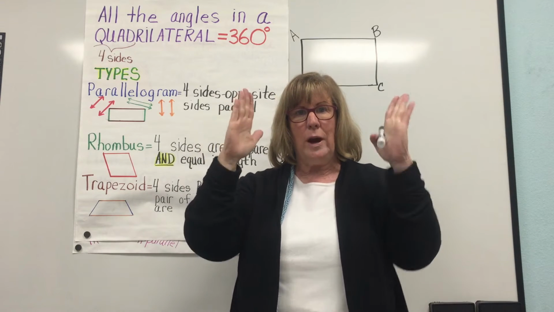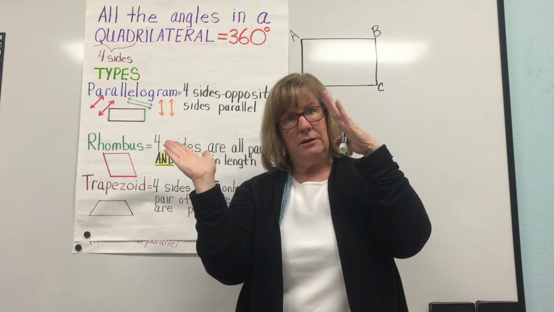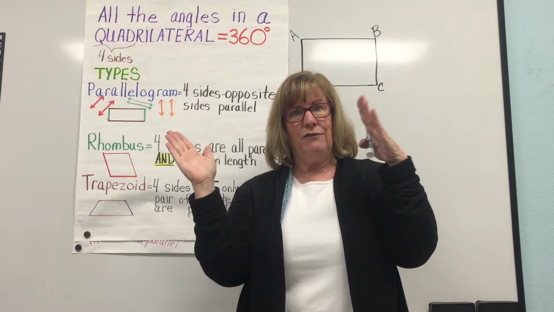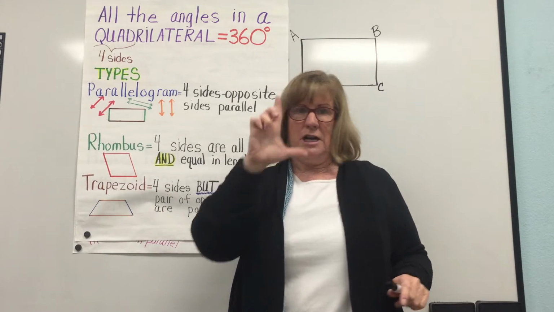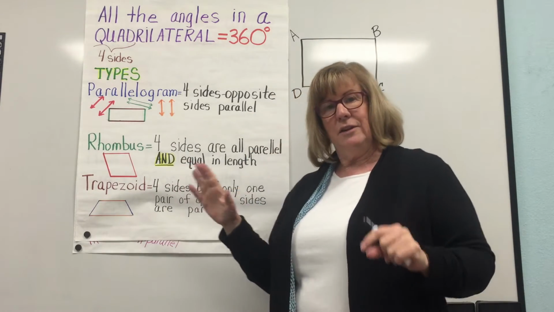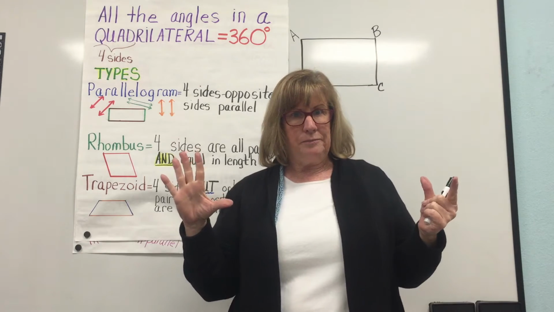Think of it as a square tilted a little bit. A square would have 4 90-degree angles. As you can see, this rhombus, they're not square. Think of it also as kind of a diamond.